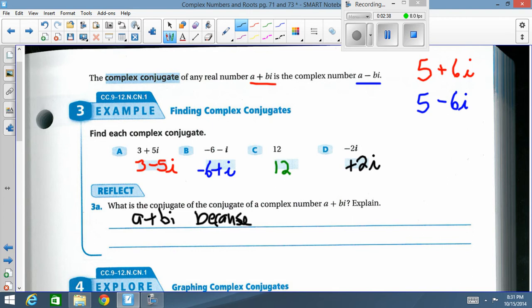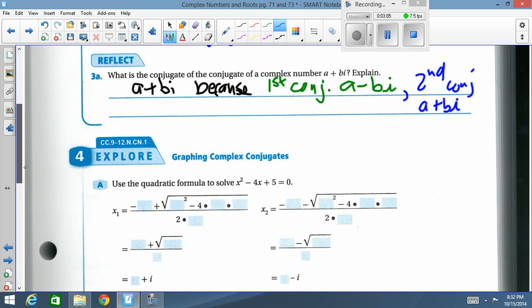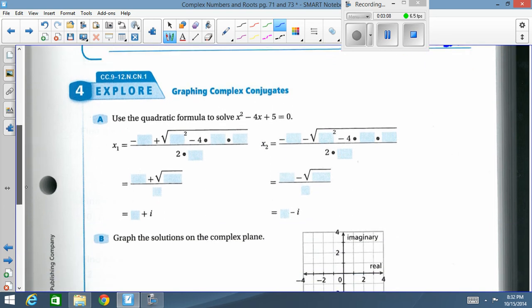The reason would be because the first conjugate would be a minus bi, and then the second conjugate, or the conjugate of that, then goes right back to where it came from, a plus bi. So you're just taking the conjugate once, and then you're getting the same number back.